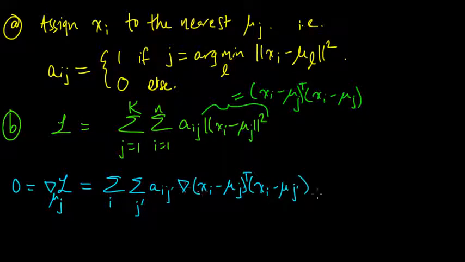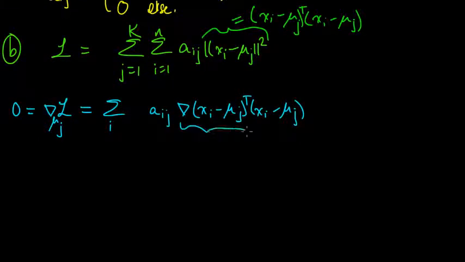But the gradient with respect to mu_j of a term with j prime not equal to j is just 0, since x_i doesn't depend on mu_j. So this is just 0 unless j prime equals j. So we may as well just leave these as j, and we can get rid of this sum. We're just left with the one term here.